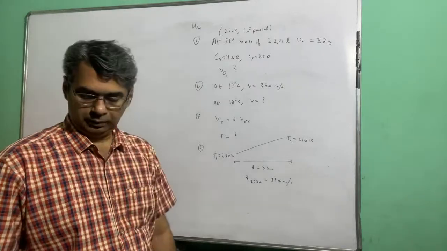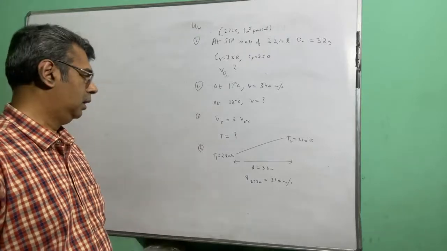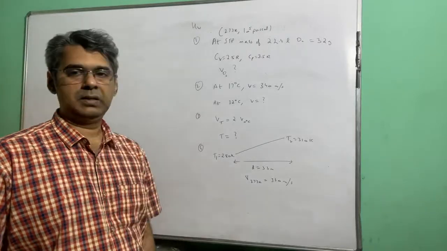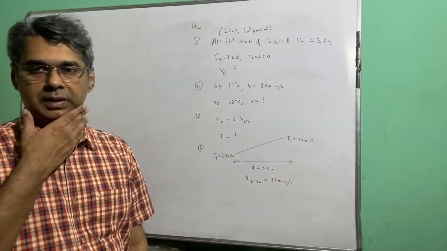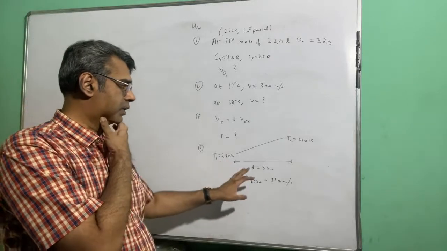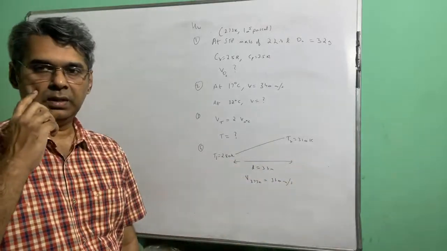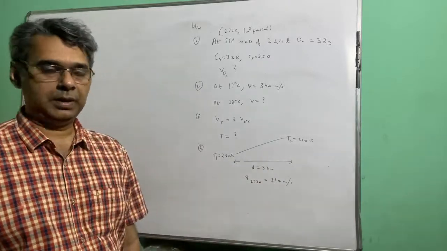Okay, question number 4. There is a particular region in space where at one place the temperature is 280 Kelvin, at another place the temperature is 310 Kelvin, and between these two the gap is 33 meter.